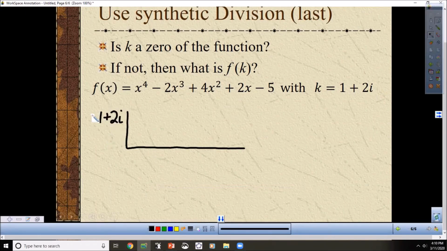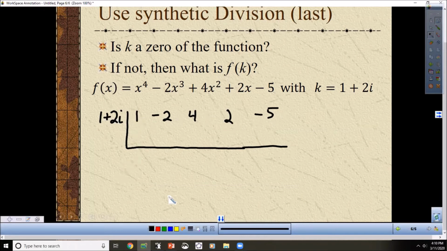The number I'm dividing by is 1 plus 2i. The coefficients of my polynomial are 1, -2, 4, 2, and -5. I've tried to space these out a little because I have a feeling I'm going to need that space. Let's do our add multiply process.